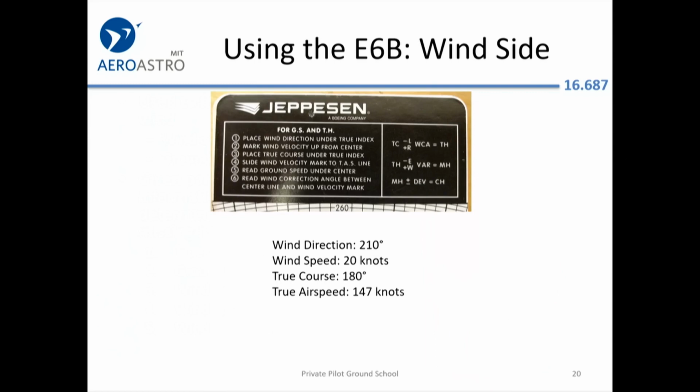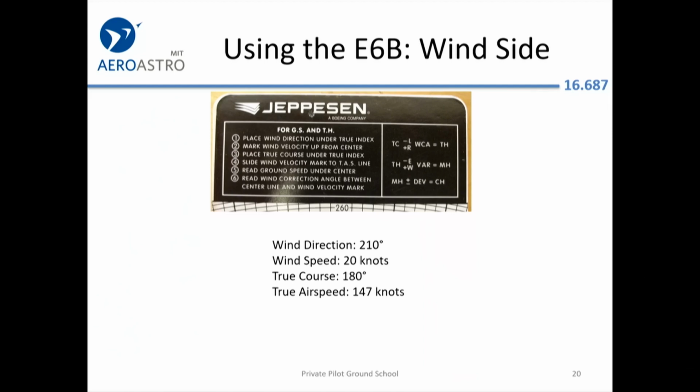So this one is hard enough to use that they actually put the instructions right on the top, here on the back of the E6B. So they say, you know, place the wind direction under the true index. We'll go through this. Anyway, the wind's from 210, and we're trying to fly straight south, a true course of 180, at an airspeed of 147 knots through the air.